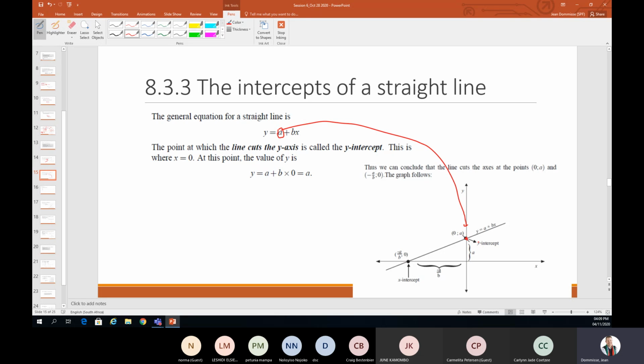Because it is going through the y-intercept, your x is always 0, and whatever that value will be is your y value. So this is just more to show you where it goes through. If they give you the straight line with a point, you will be able to calculate some other information.